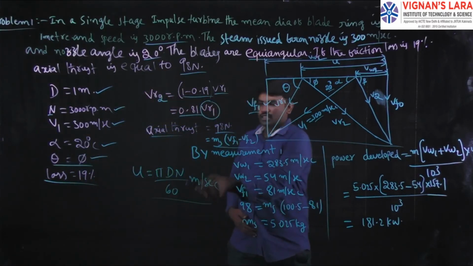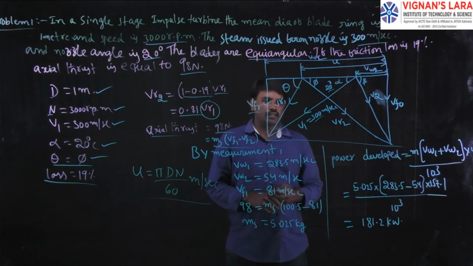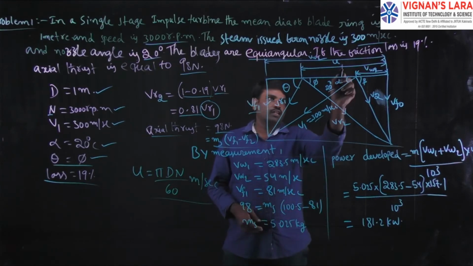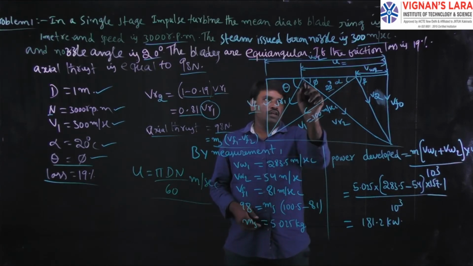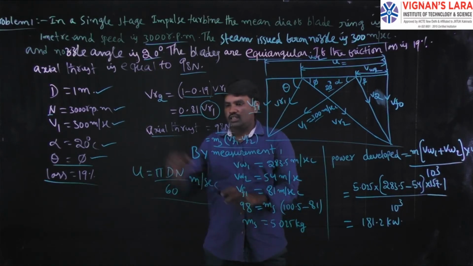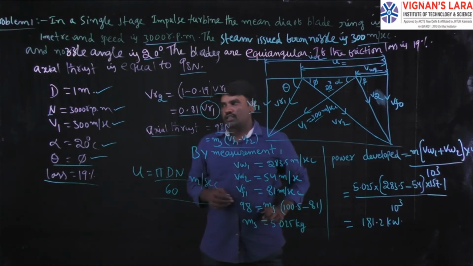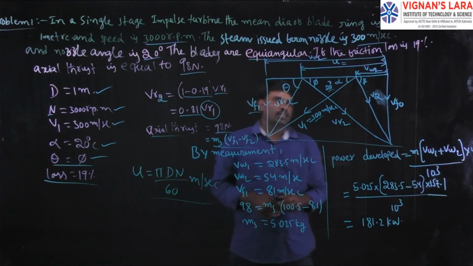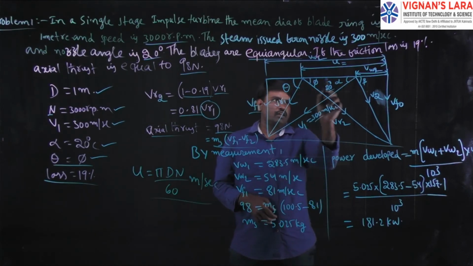By using this formula you can easily calculate the mean blade velocity u. By substituting the diameter and revolutions per minute 3000, you can get the u value, and based on the u value you have to take a scale.